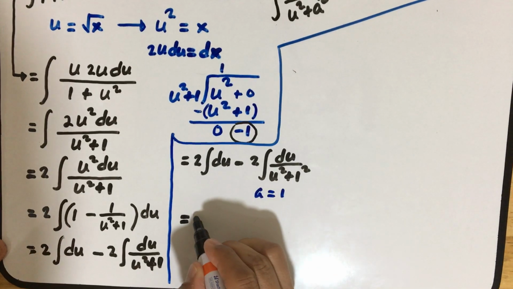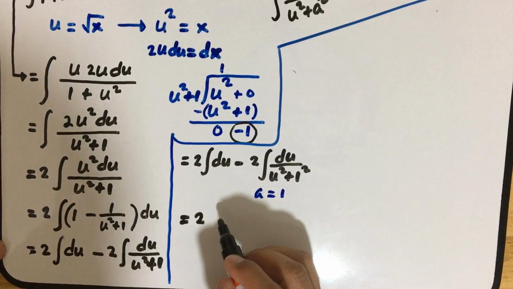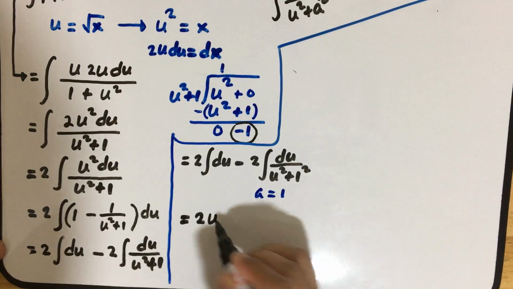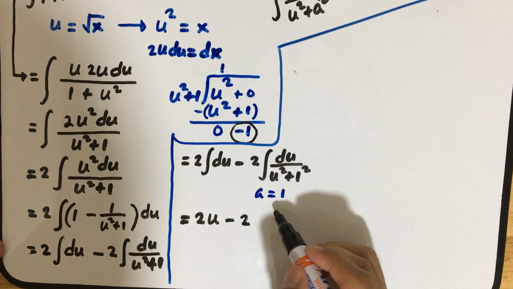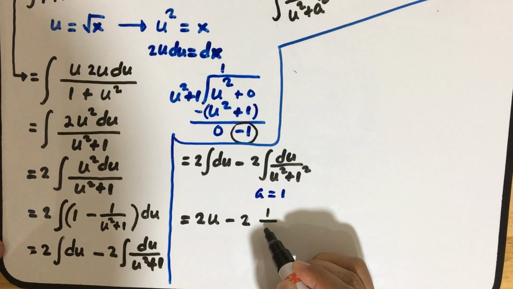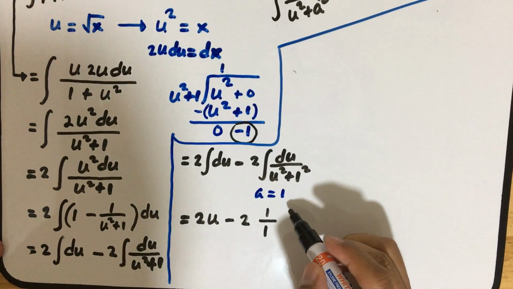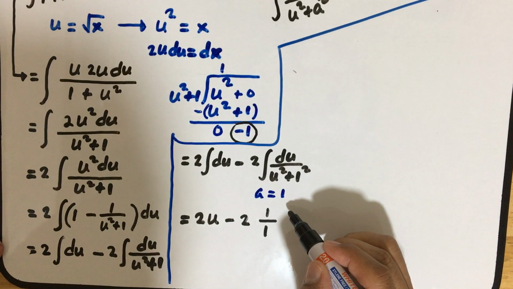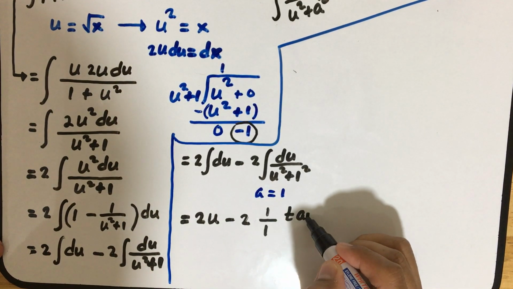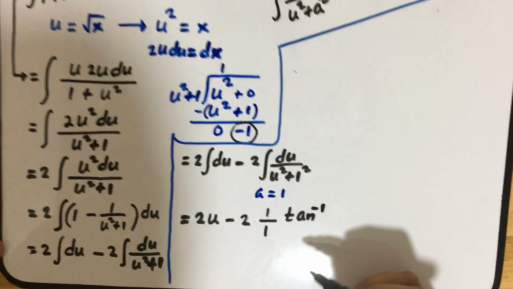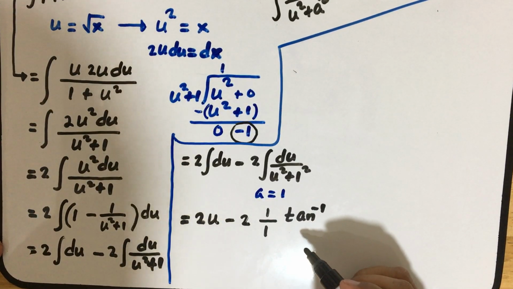Using this formula, we can now write our answer as 2 times the integral of du, which is simply u, minus 2 times 1 over a, where a is equal to 1, times the arc tangent of u over a. What is our u?